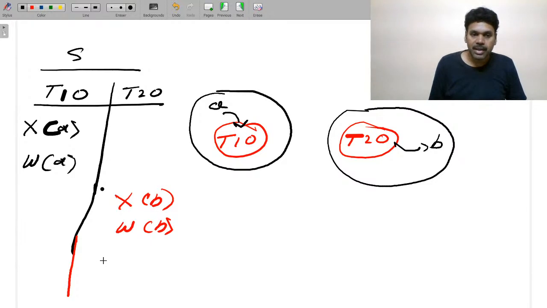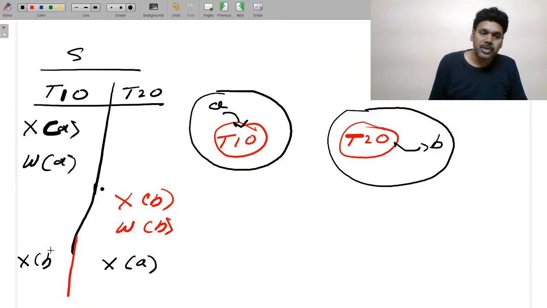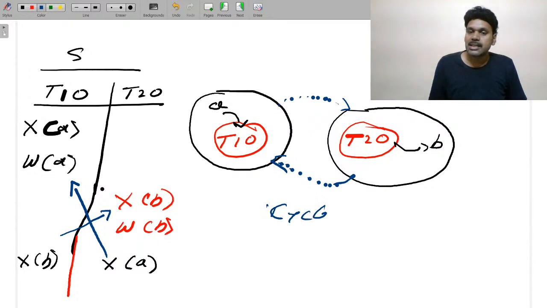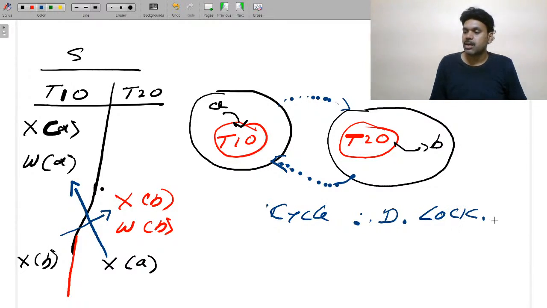That is, it needs A, it needs B. It's not possible, as you are requesting him, as he is requesting you. Therefore, it is a concept of what? Cycle. Hence, we form a concept called deadlock.